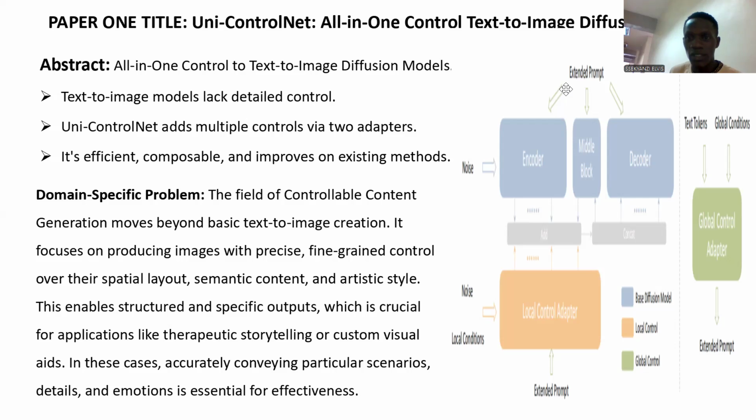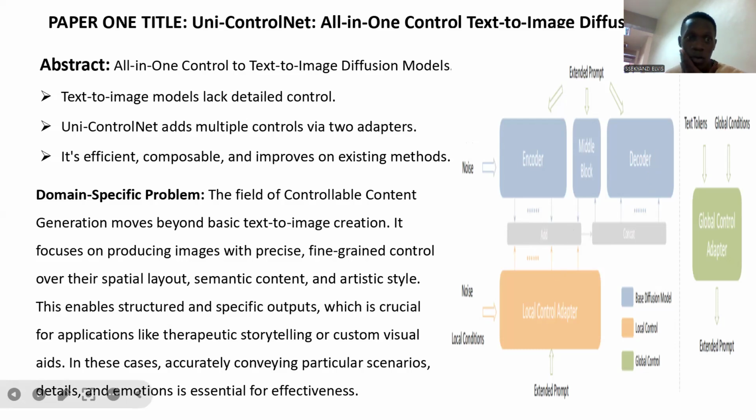So this is its architecture from the paper. Here we shall see the encoded prompt, and this is the noise encoder. This is the decoder. So here we shall add content.